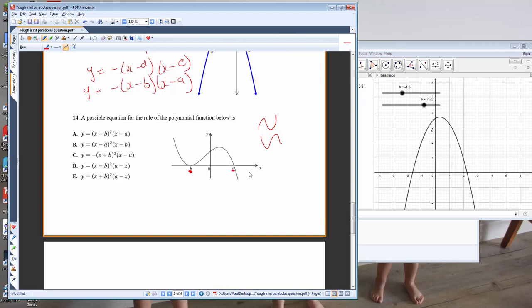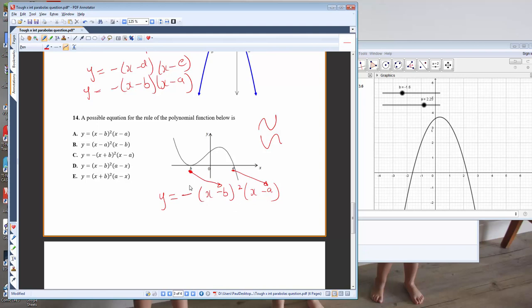So let's write up what this will look like. It's going to be y equals negative (x take b) all squared (x take a). So all we're doing is putting the b value in there, the a value in there. Okay, so let's see if we've got a winner yet.